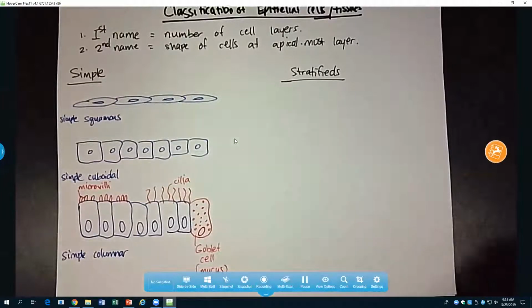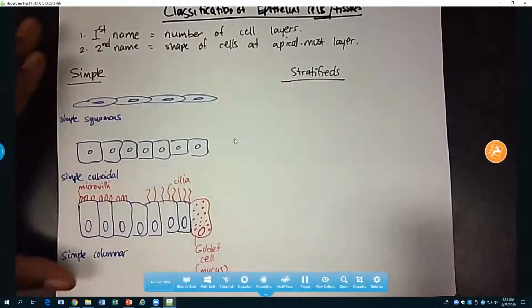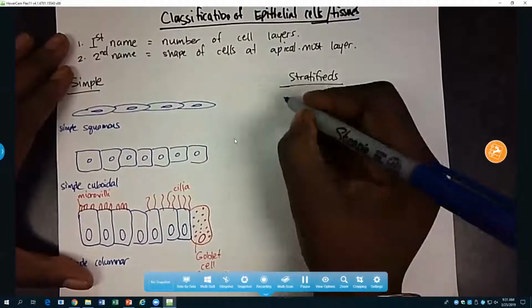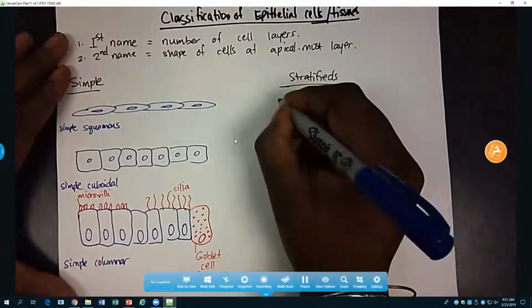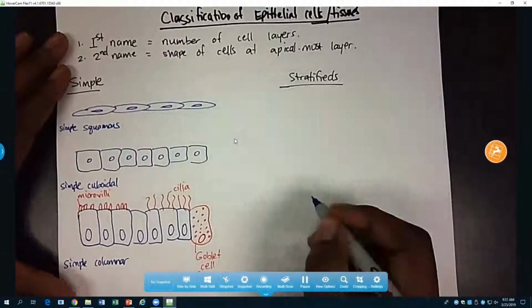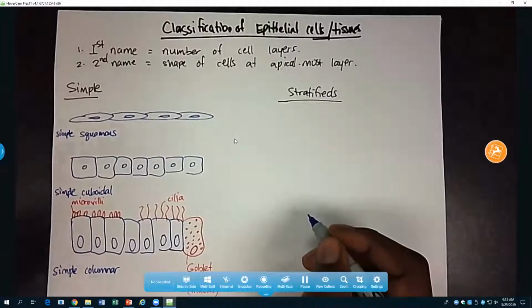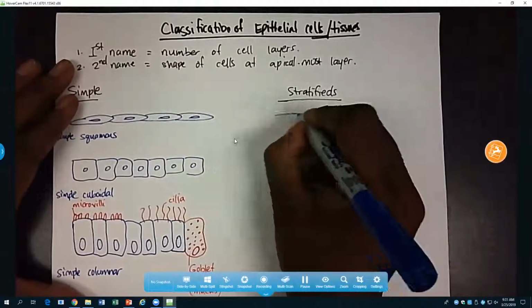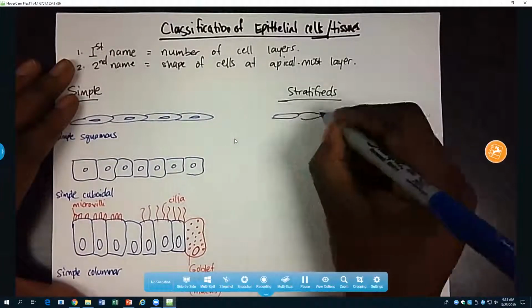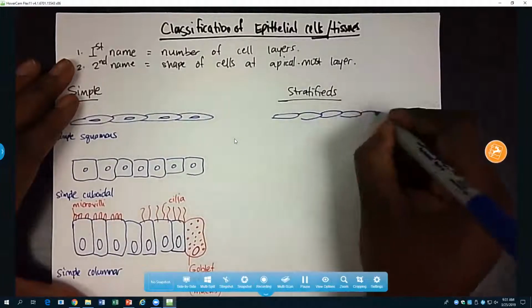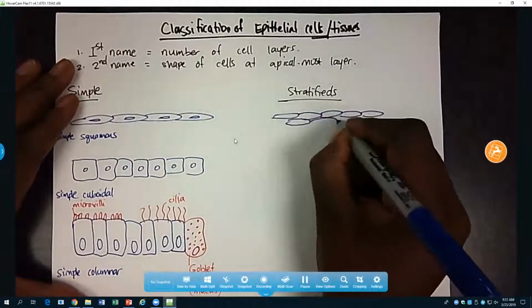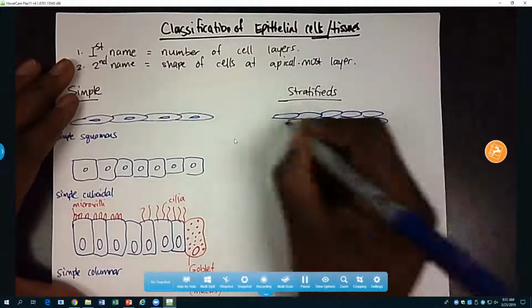Let's look at the stratified tissues. So the first type of tissue here, now again, stratified tissues are more than 1 cell layer thick. So the first type here is going to be stratified squamous. So we have flattened cells but we have several layers of these flattened cells.